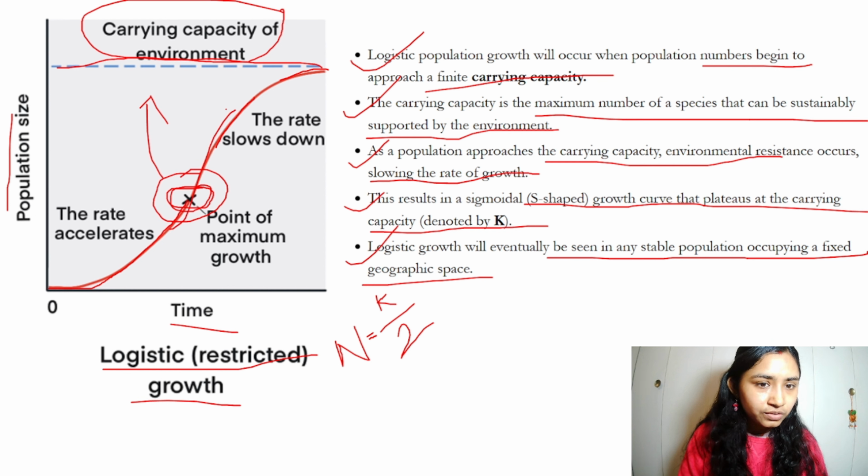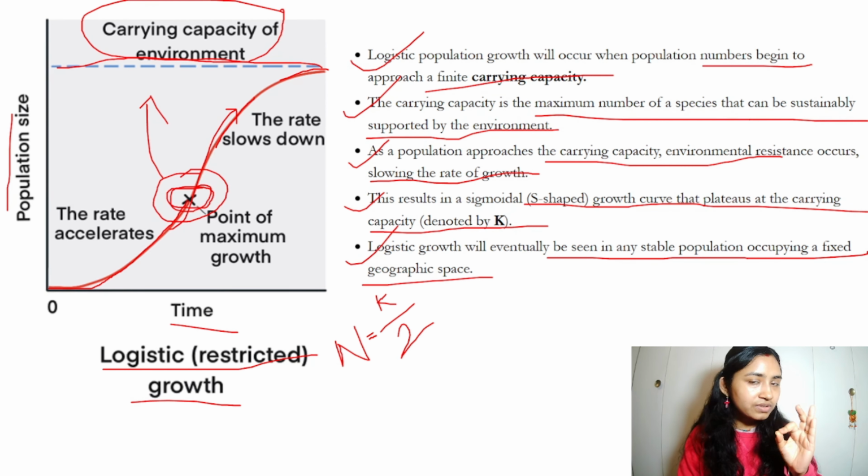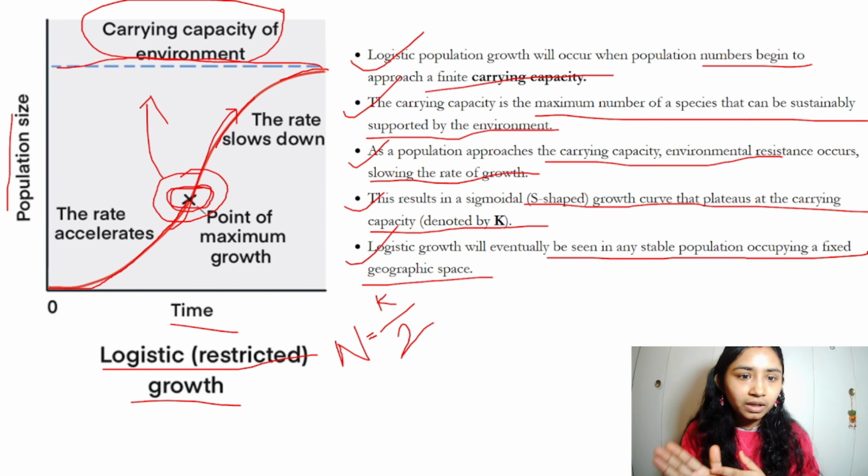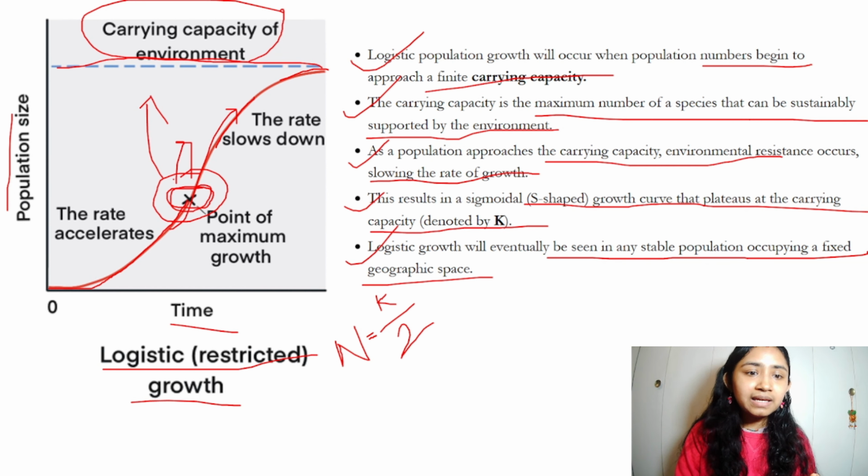At this point the growth is maximum, and again this is used in the case of fisheries and forestry. So if you harvest your cereals, or your fish, at this point, what will happen? There will be enough individuals left to attain the growth, because at this point their growth is maximum, so they can replenish themselves very easily from this point.